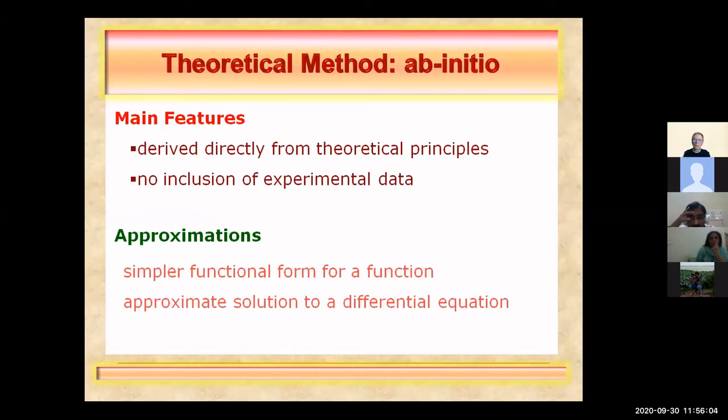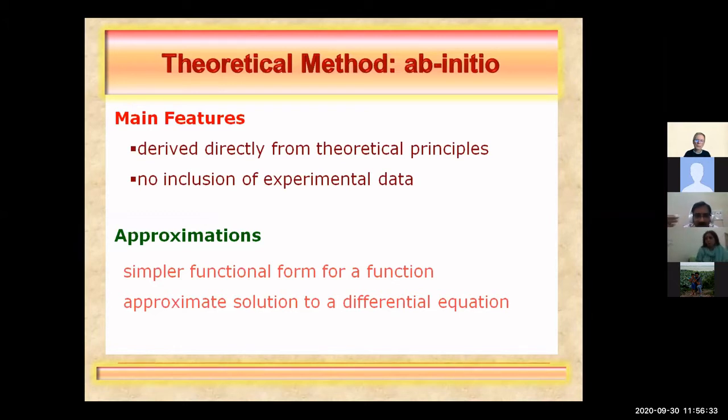Among the ab initio methods, the name ab initio is given to computations which are derived directly from theoretical principles, such as the Schrodinger equation, with no inclusion of experimental data.